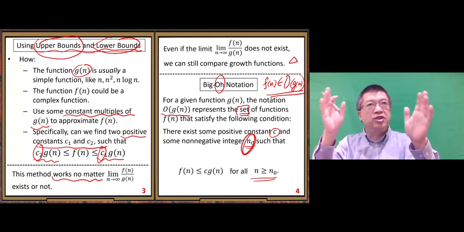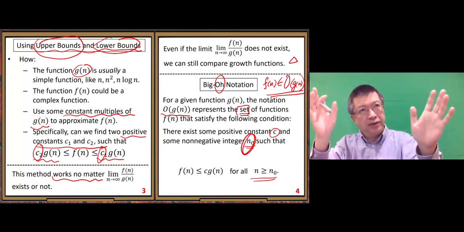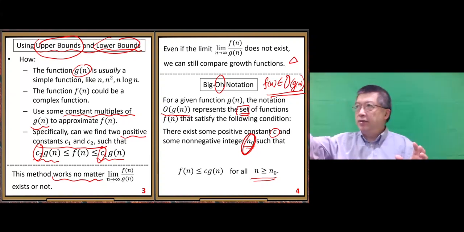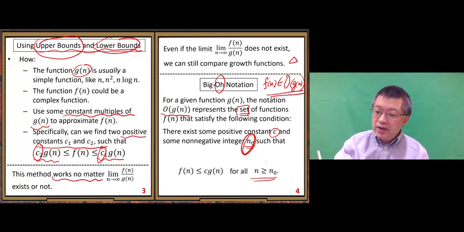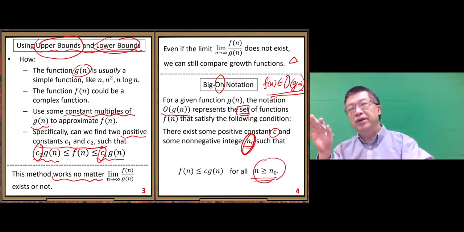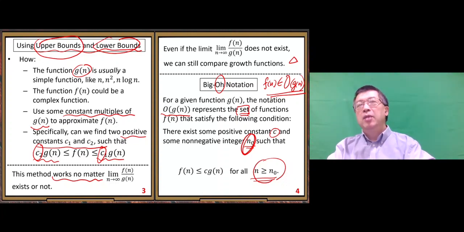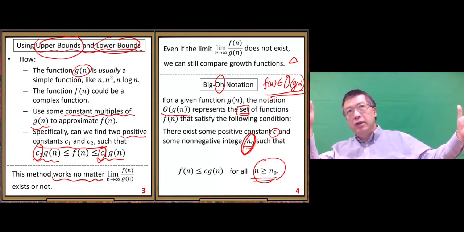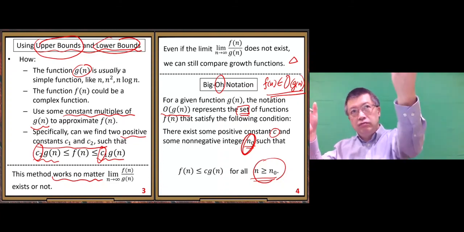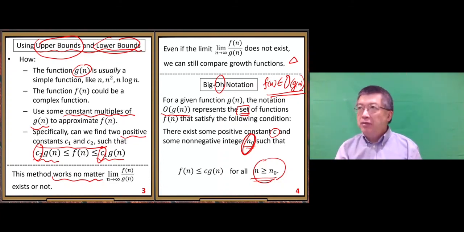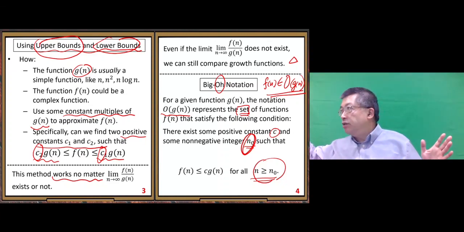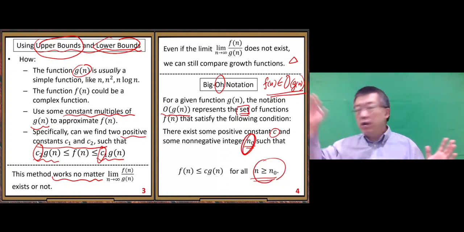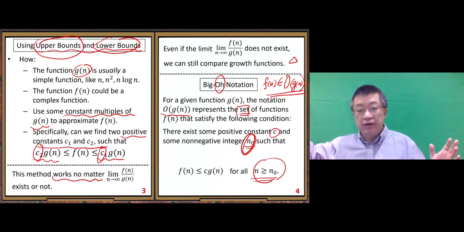This n0 corresponds to the overhead part, so you want to skip that part. That's why n is greater than or equal to n0. But how large is the overhead part? There is no sure answer. Sometimes this n0 could be small, sometimes large, because you may need to pay more cost to cover the overhead part.